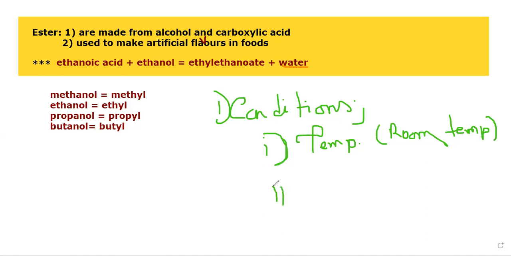And condition number 2 is we need a catalyst. We are going to use a catalyst. Here, a strong acid, HCl acid, is going to speed up the reaction.